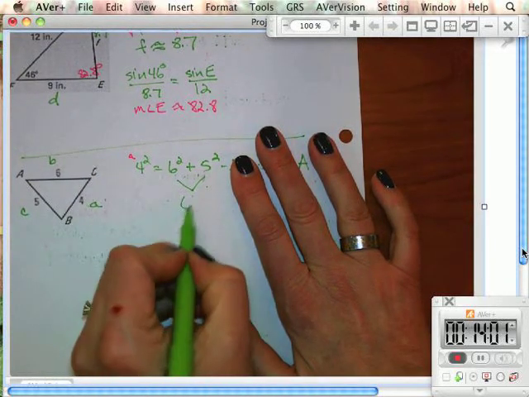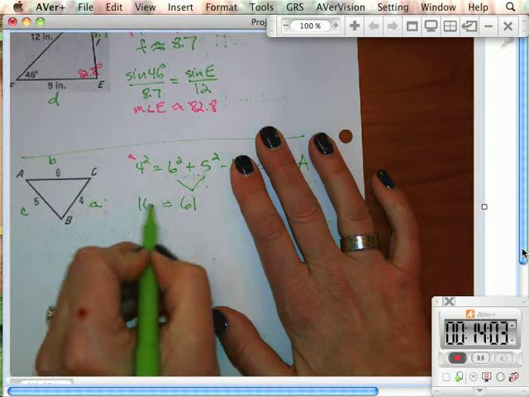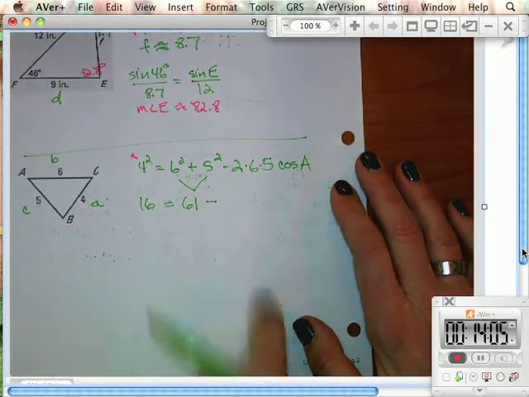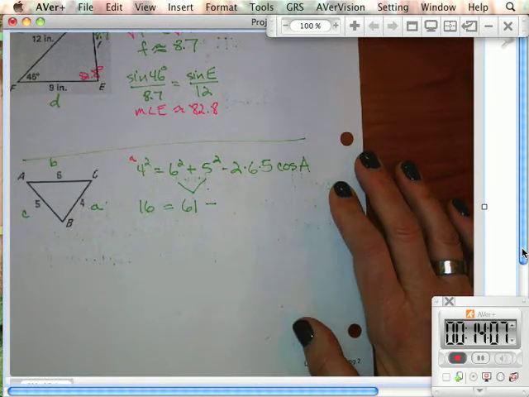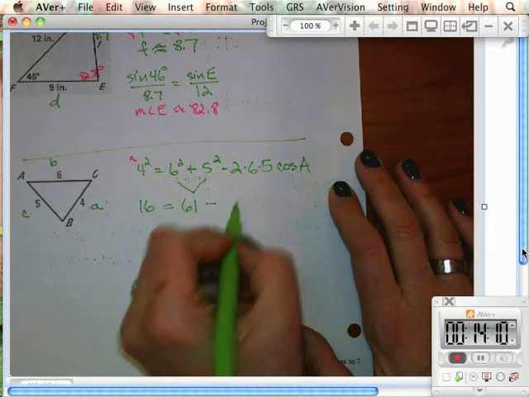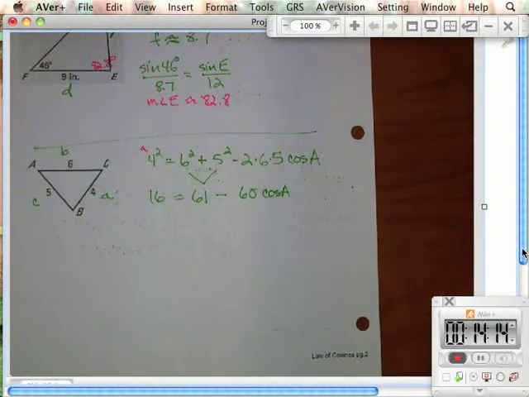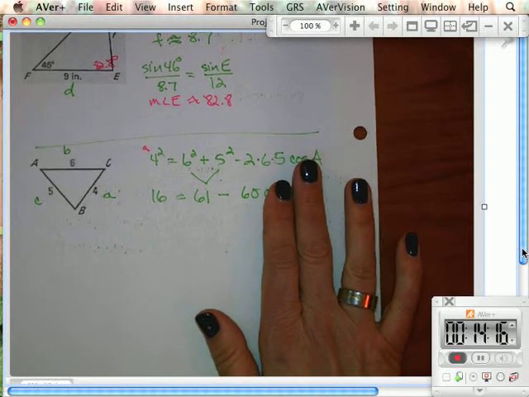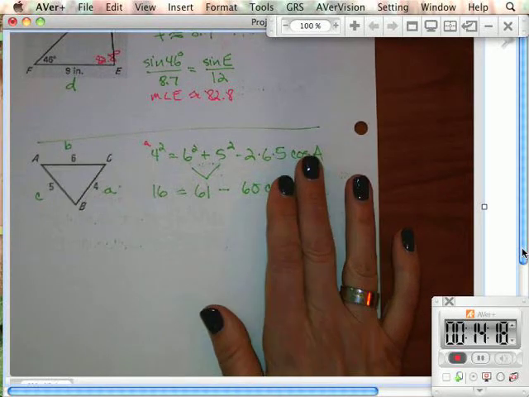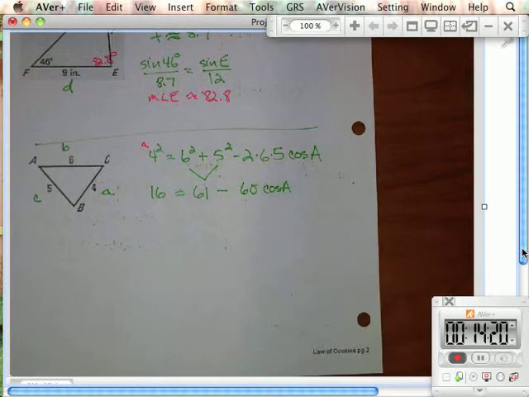So I'm going to write this here. Minus 2 times 6 times 5. 12 times 5 is what? 60. Now this is just a little algebra problem here. This is your unknown x, right? That's your unknown right there. So you have to solve it like an algebra equation. You have to subtract 61 first.